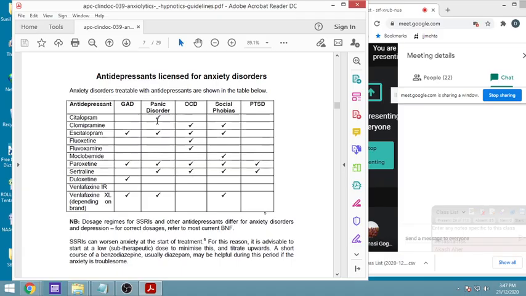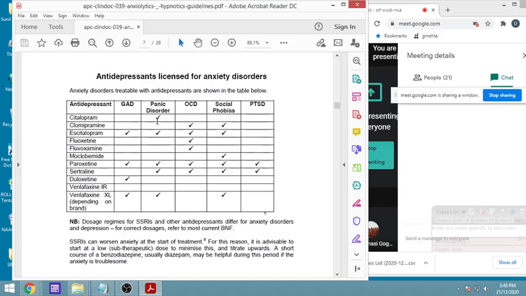Paroxetine also is useful for GAD, social phobias, and post-traumatic stress disorders. Sertraline also, except generalized anxiety disorder, can be useful in many conditions. Then duloxetine is useful only in GAD.